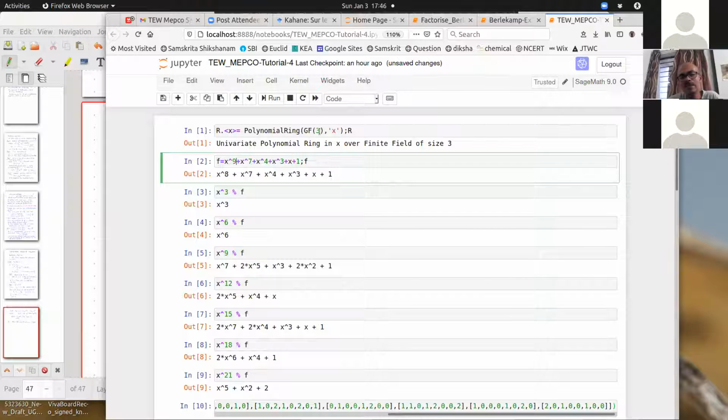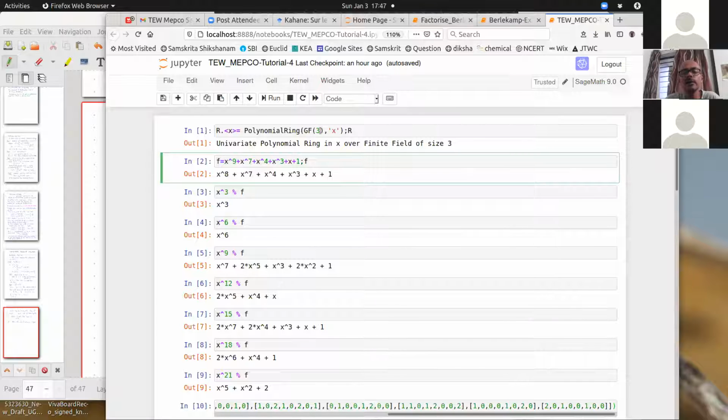So the elements would be reduced polynomials. And then the polynomial ring would be polynomials in 2 variables, and that's pretty complicated. So just choose a prime.